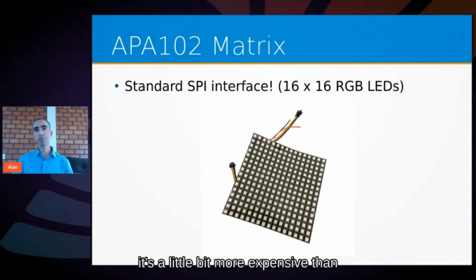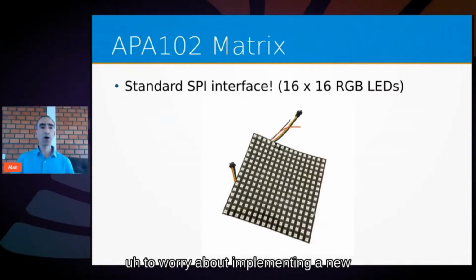It's a little bit more expensive than the WS2812, if I'm not wrong with the code, but it is better because I don't need to worry about timing and other signal integrity issues. It's just standard SPI, very easy to use. I don't need to worry about implementing a new interface or new standard.